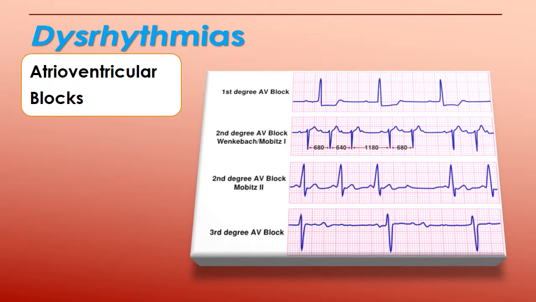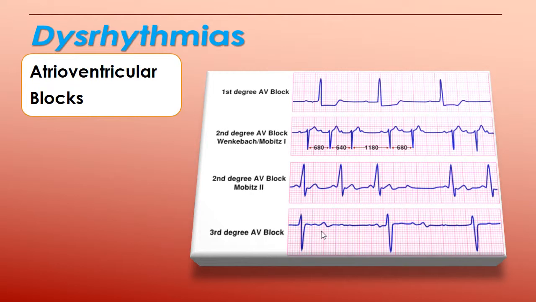The first degree block, all sinus impulses eventually reach the ventricles after a delay. The second degree block is going to be some sinus impulses reaching ventricles. Others are blocked. There's different kinds of second degree blocks, and we're not going to talk about those for this level of learning.